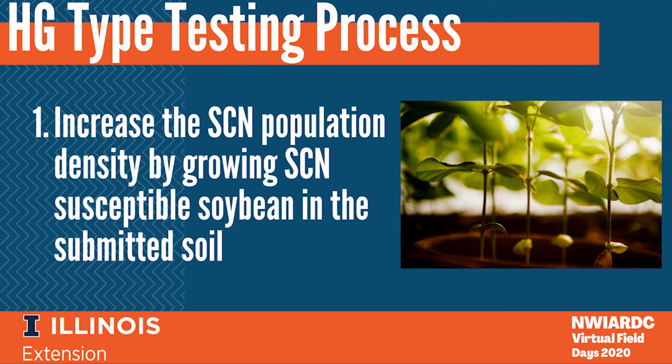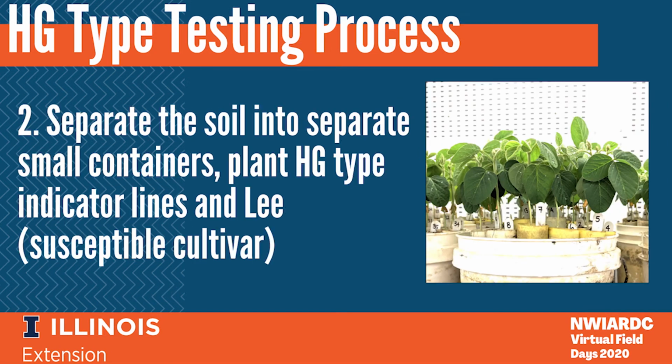For Illinois, it would be the plant clinic on campus. The SCN population density can be increased by planting an SCN-susceptible soybean and letting it grow for 30 days. And then the resulting population can be used to plant the HG type test.